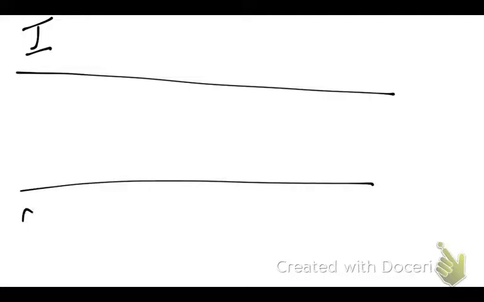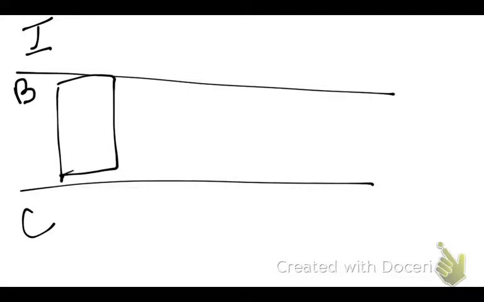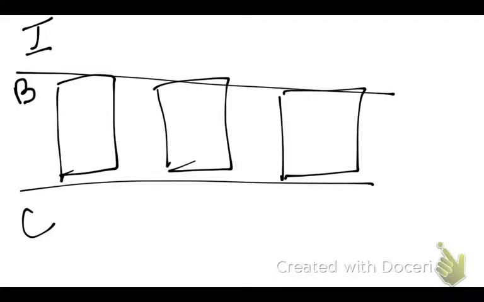All right. So here we go with my 3 bullet points. So again, I have my introduction, I have my conclusion. For my body, I have 3 bullet points, so I'm going to make 3 boxes. And then I'm going to title my 3 boxes.